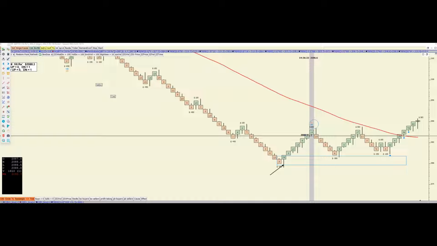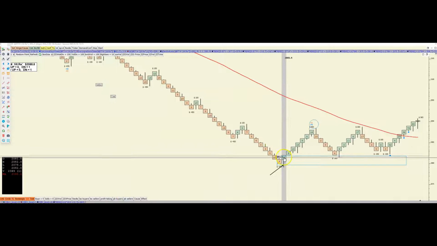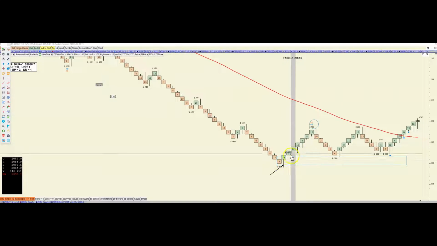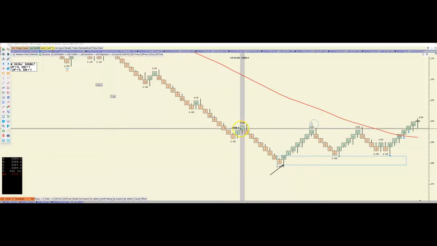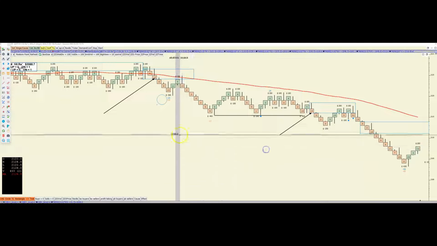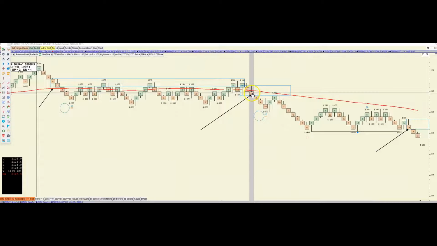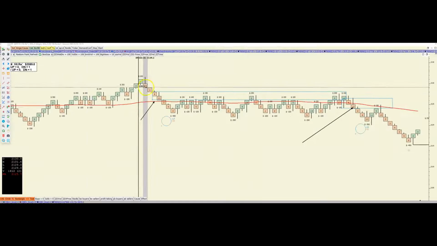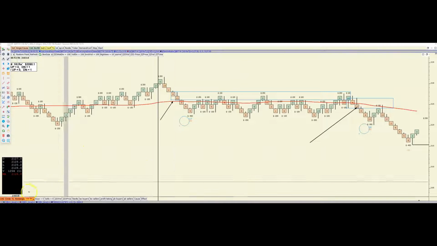What makes it more probable is either volume off the bottom in the case of a sign of strength, or volume off the top in the case of a sign of weakness. It should be higher, like maybe right there, the 14.